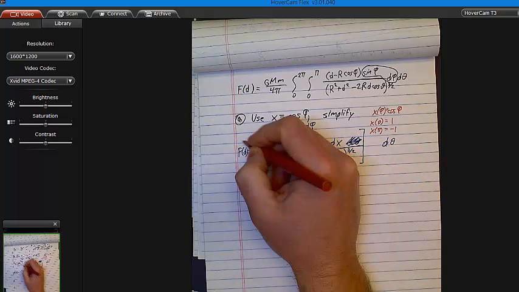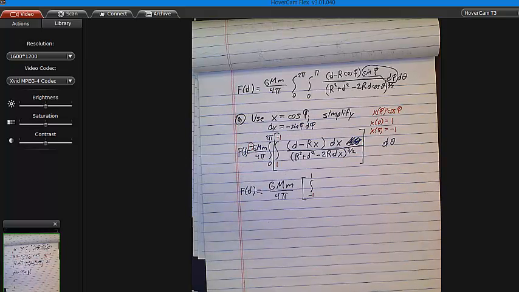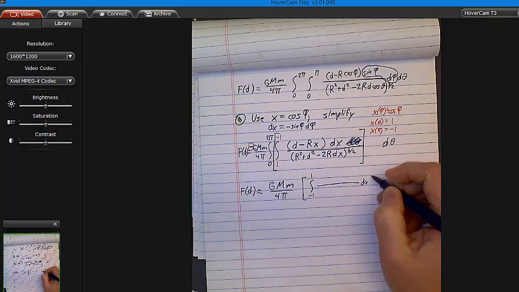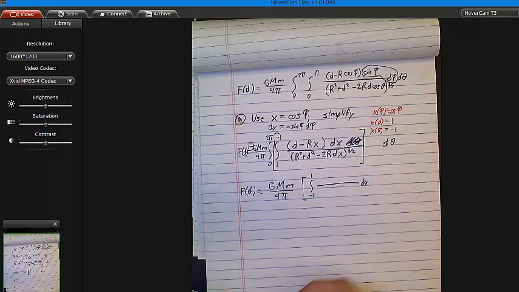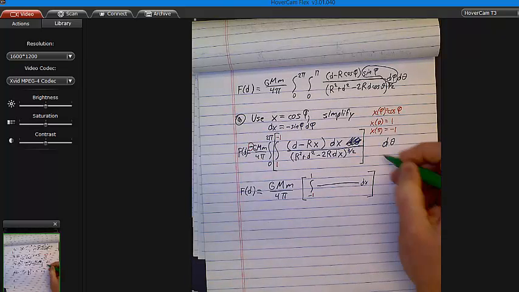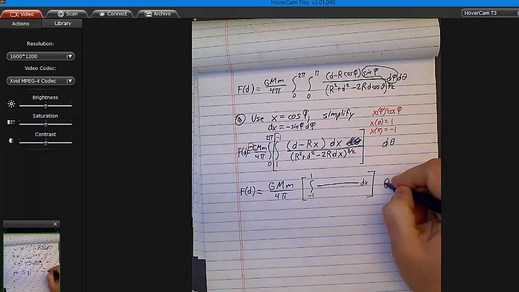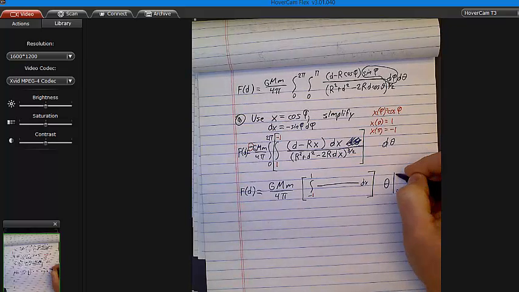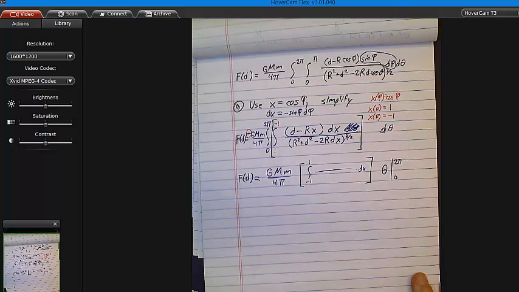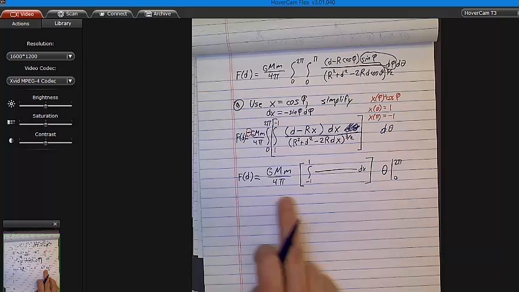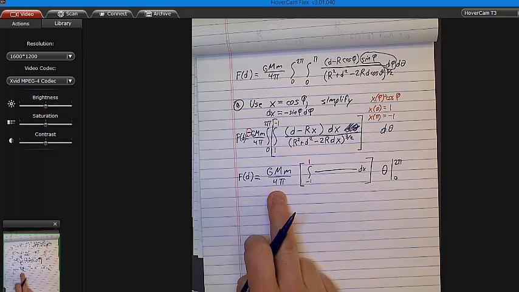That takes care of that. Okay? So I still have the big mess, dx. But when you integrate d theta, you just get theta from 0 to 2 pi, right? So the 2 pi is what you get, and that cancels with the 4 pi, right?